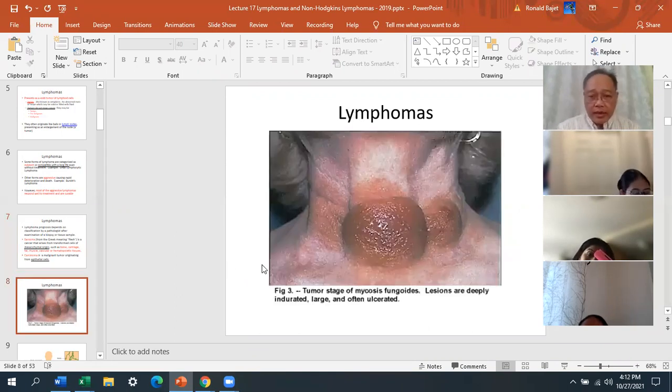So this one is a tumor stage of Mycosis Fungoides. If you ignore this large nodule here and look around it, you see the reddening rash.